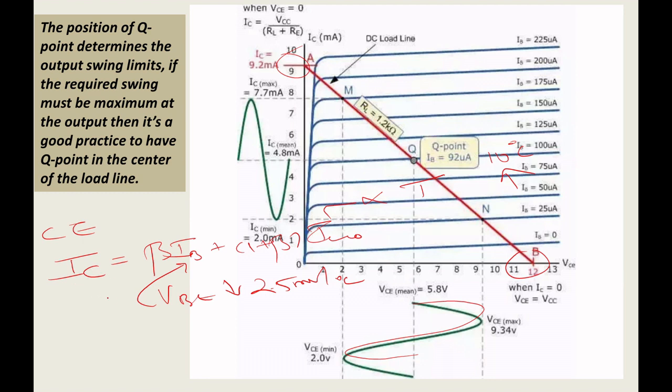Initially, I fixed the quiescent point at 30 degrees Celsius. If the temperature changes from that normal case, this quiescent point is going to change. When you design a circuit, the quiescent point is fixed, but due to external parameters, it changes. So will it move nearer to the cutoff region or the saturation region?